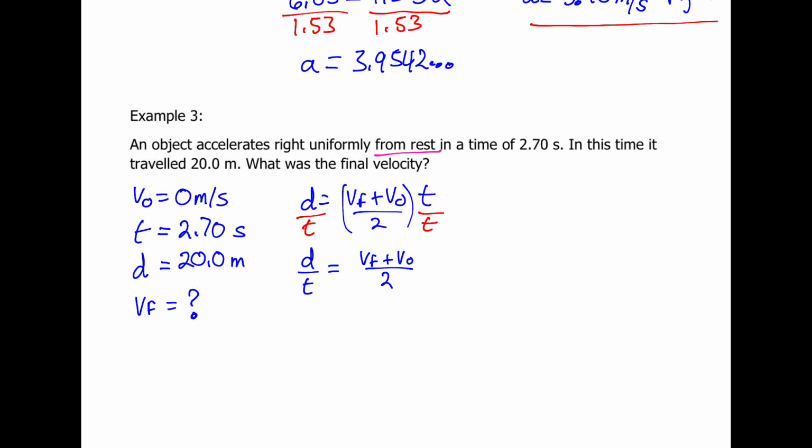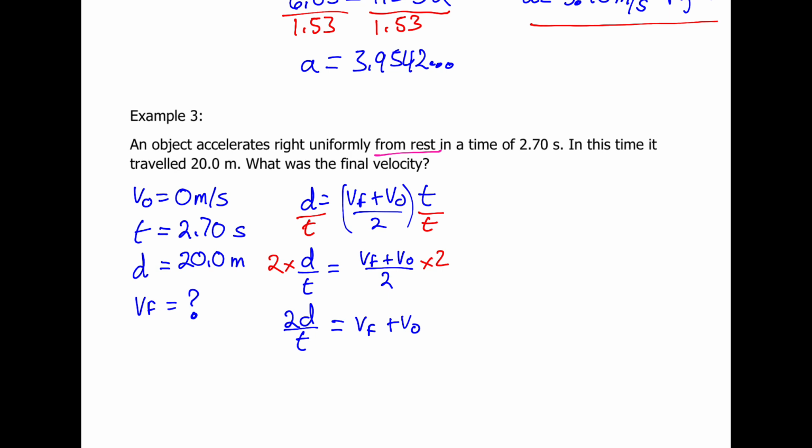What's the next math step that I have to do now? I have to deal with the 2 next. So we're going to multiply both sides by 2. So my left side now looks like 2d over t, and the right side looks like vf plus v naught.